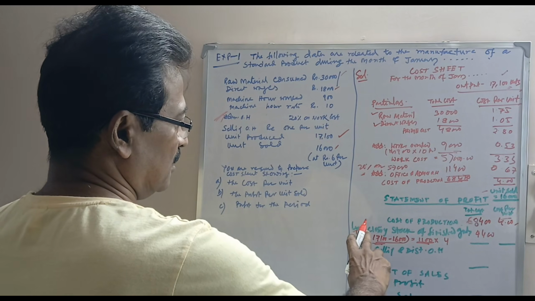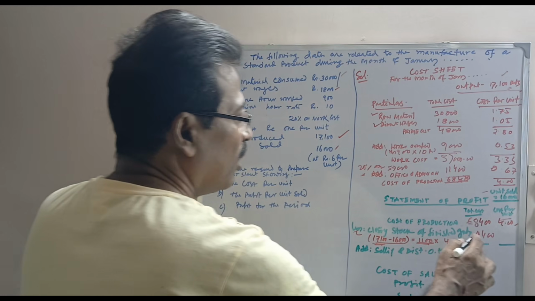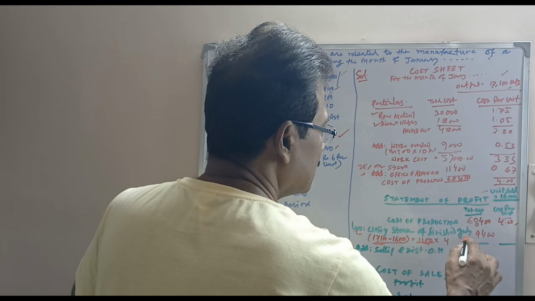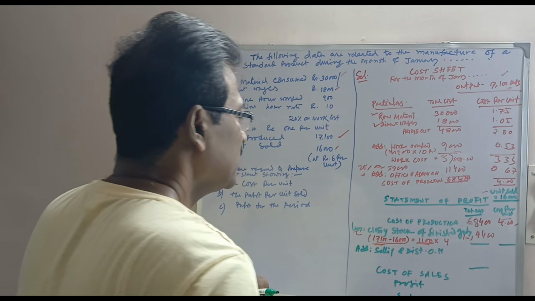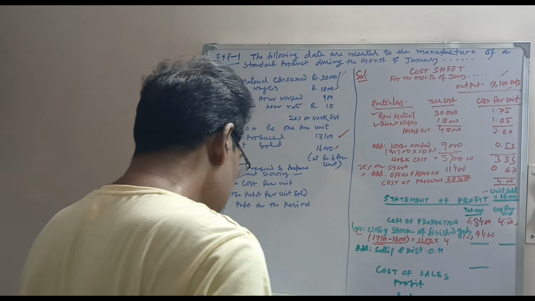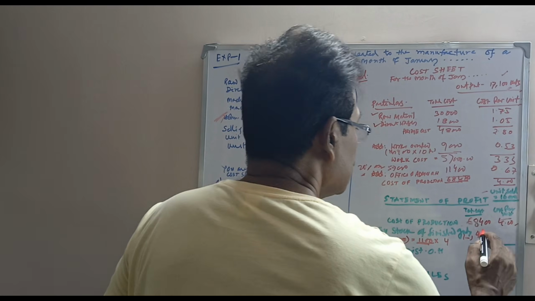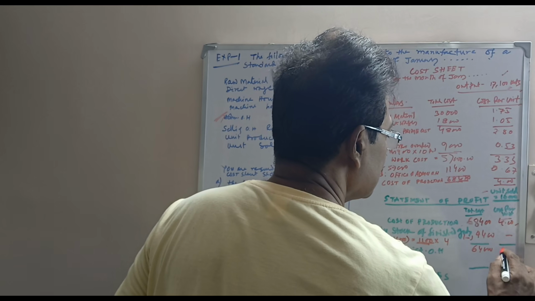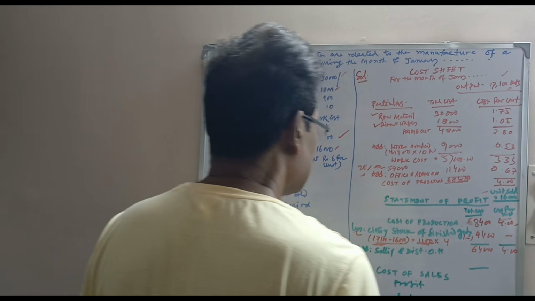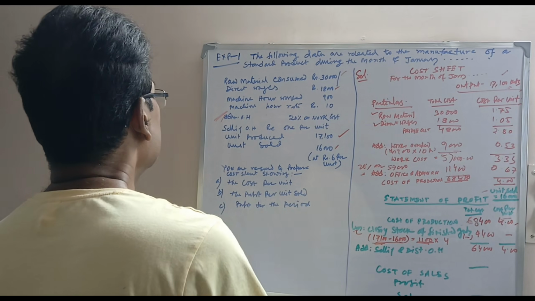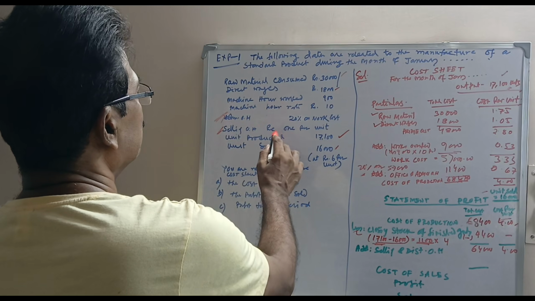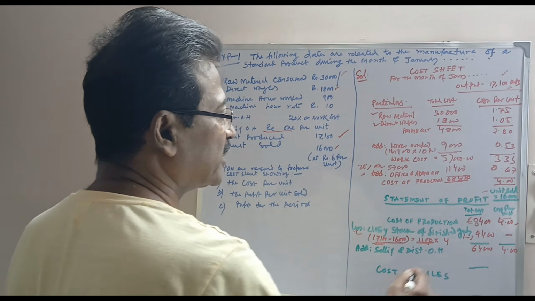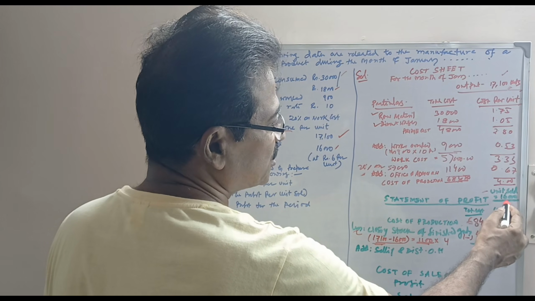So deduct the closing stock of finished goods. Then it will come out to 64,000. Now I add selling and distribution overhead. Selling and distribution overhead is ₹1 per unit. So how much is the unit sold? 16,000.